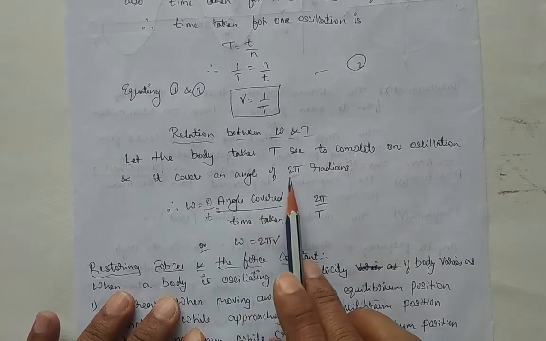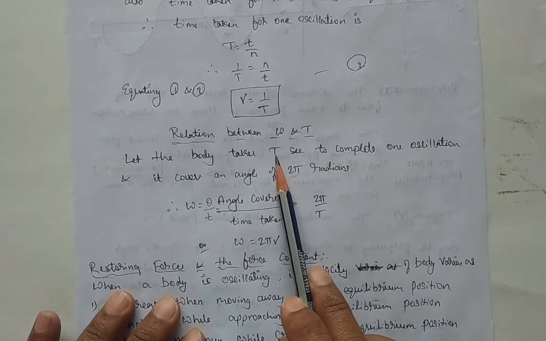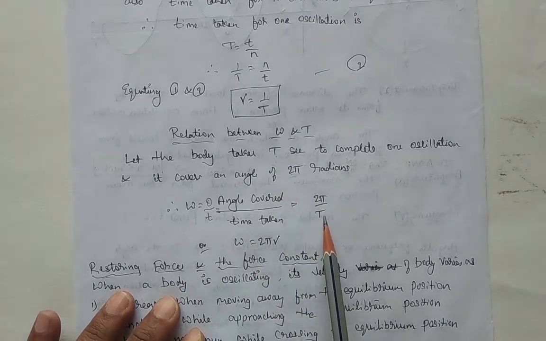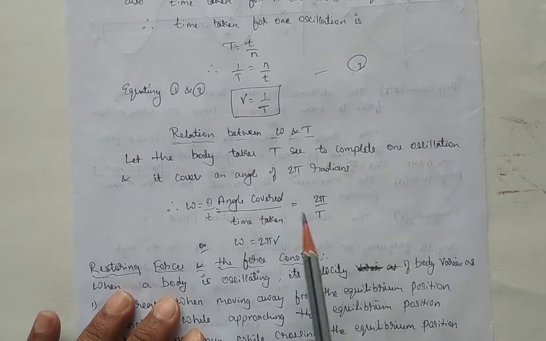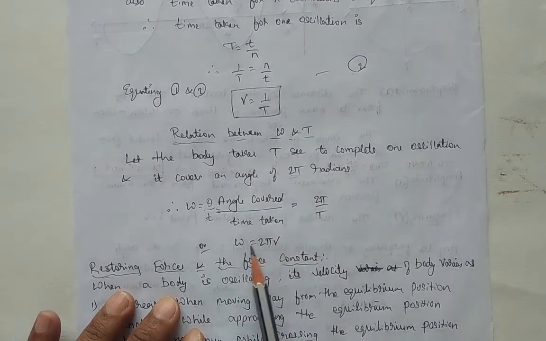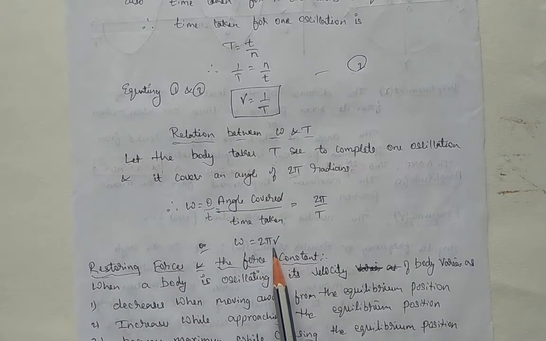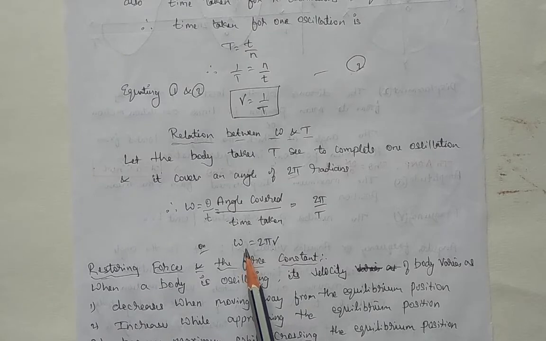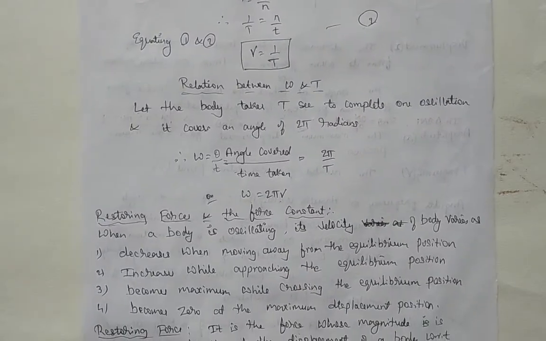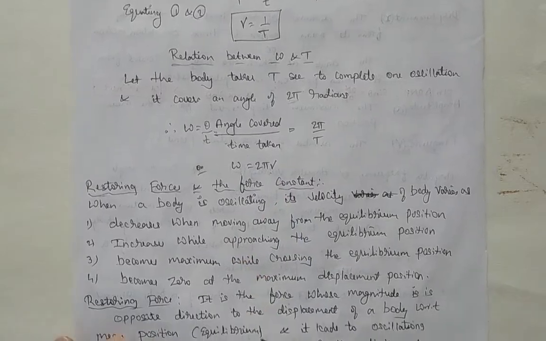The angle covered is 2 pi and the time taken is T. We already know that 1 by T is equal to nu. Therefore, omega is equal to 2 pi nu. So, this is the relation between the angular frequency and the time period, or even in terms of the frequency.